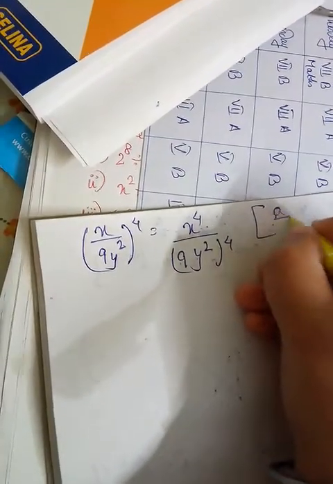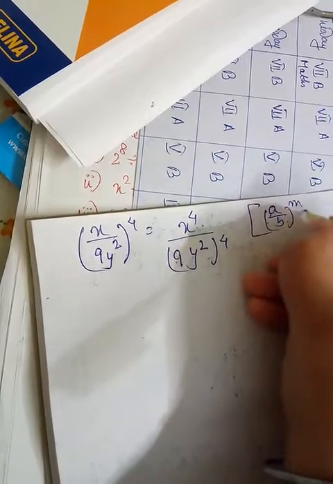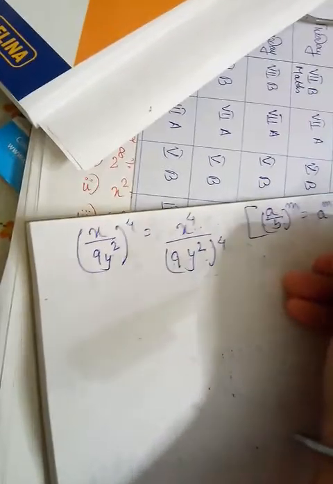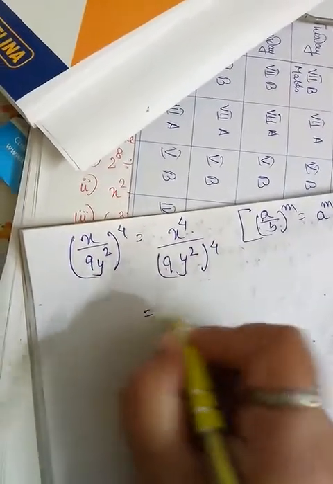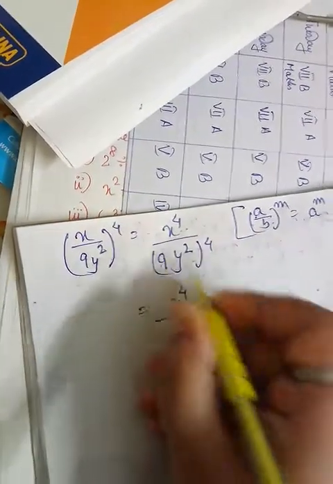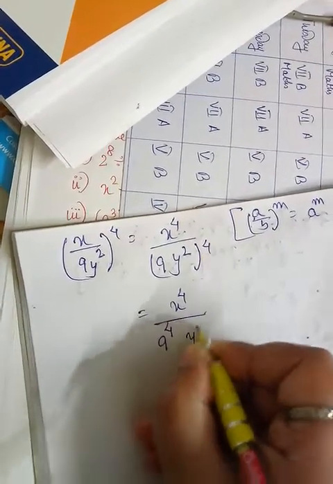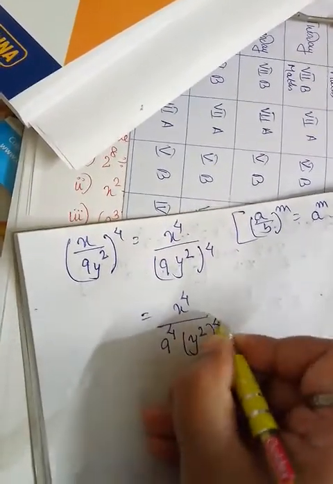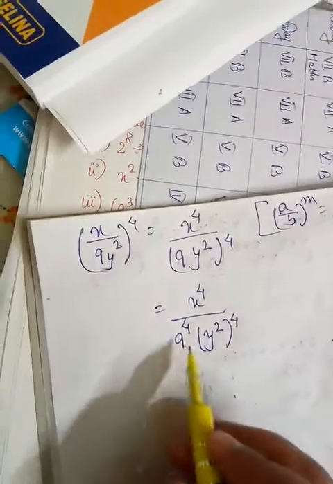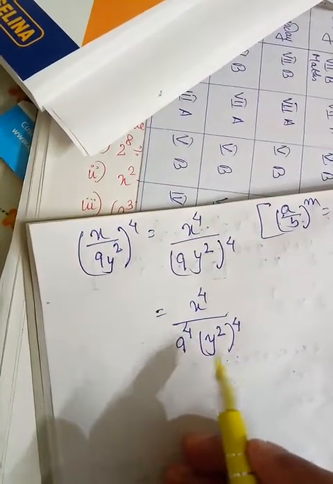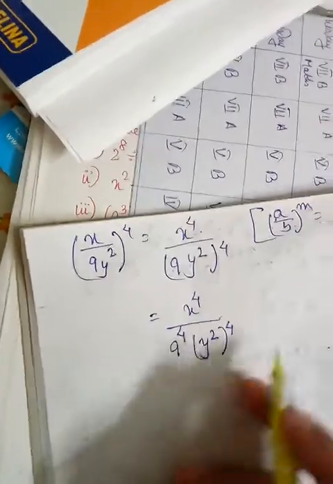It is in the form of (a by b) whole to the power m, which is equal to a raised to the power m by b raised to the power m. So, this will be x raised to the power 4 by 9 to the power 4 into y square to the power 4. Now, again you can see the denominator is in the form of (a raised to the power m) whole raised to the power n.